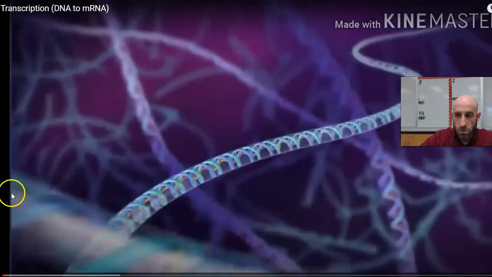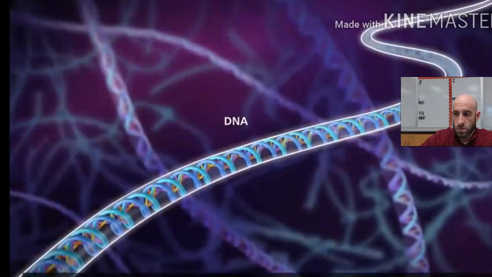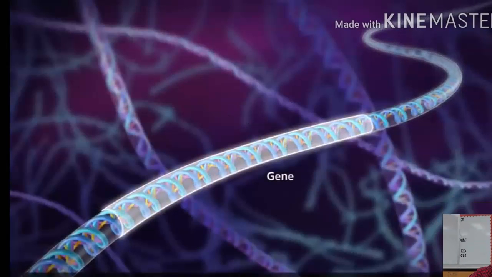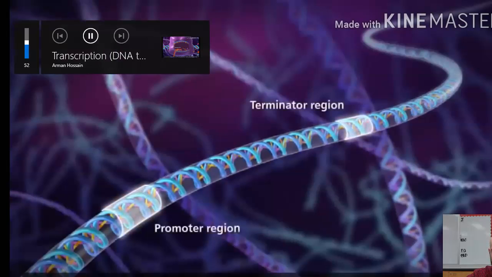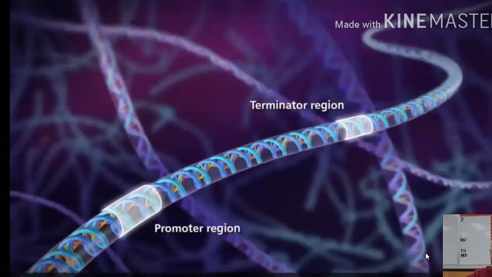Egg proteins are contained in our DNA. DNA contains genes. A gene is a continuous string of nucleotides containing a region that codes for an RNA molecule. This region begins with a promoter and ends in a terminator. Genes also contain regulatory sequences that can be found near the promoter or at a more distant location.